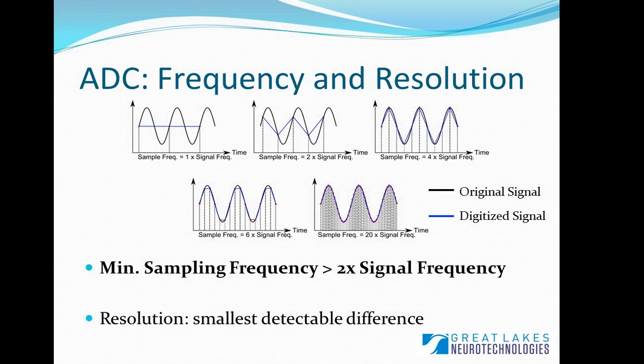as we increase the frequency, we get a higher and higher resolution or higher and higher fidelity representation of the original signal in our digitized signal. The cost of this, at this increased sampling frequency, is the need for higher speed electronics, as well as, because this digitization is generating data, we're generating more and more data for each increased sample frequency.